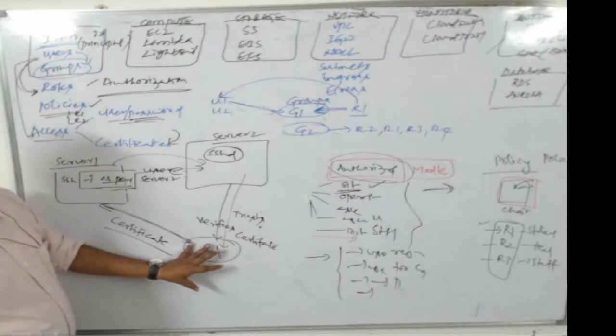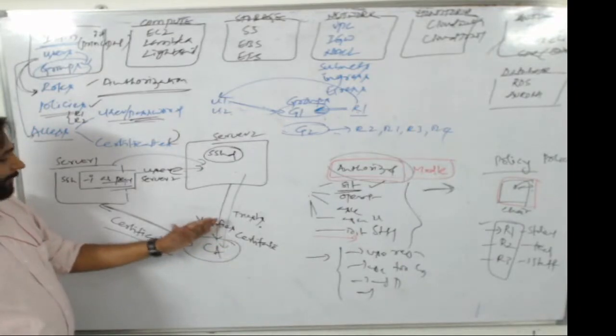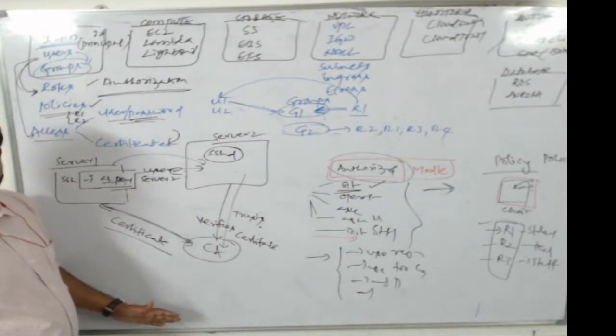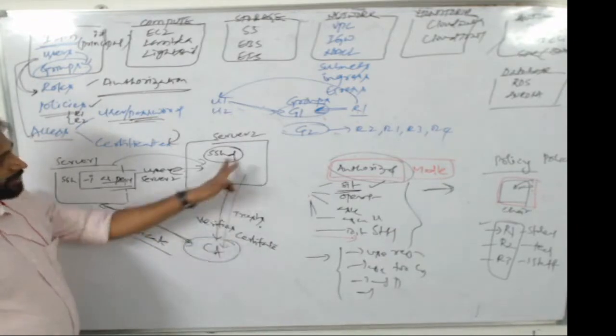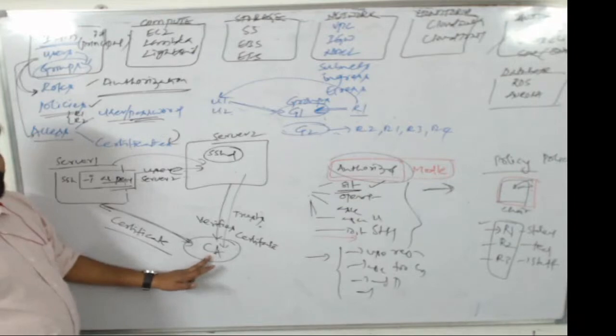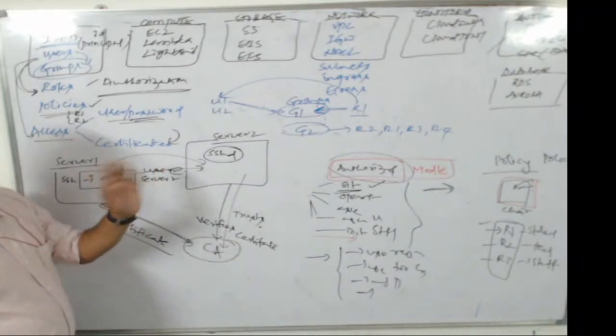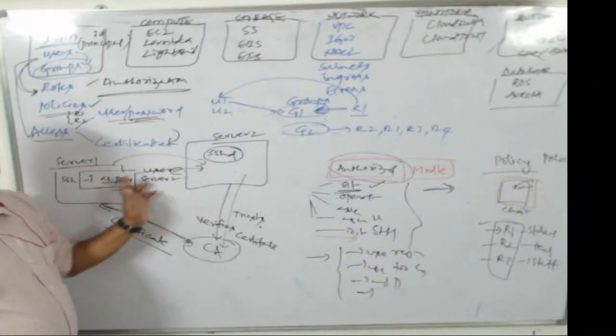All right, somebody logged into one of the servers. Now what CA will do? It will invalidate all the certificates. Which means all the certificates that this CA has issued are invalid. If server 2 comes to CA and produces a certificate, CA can tell, no, that certificate is invalid. Don't allow. Which means the login will fail.